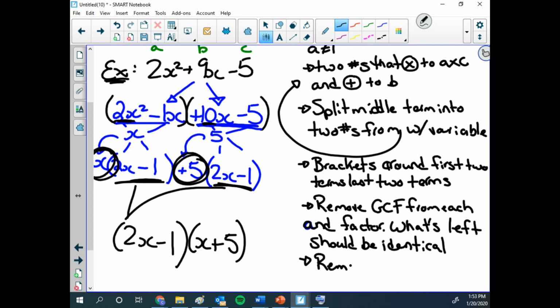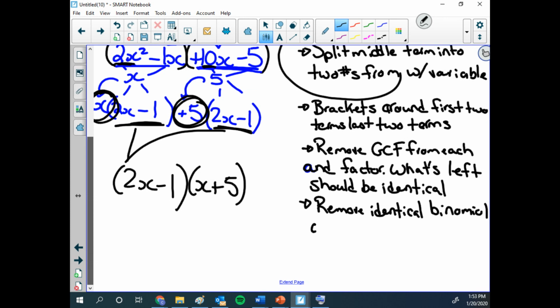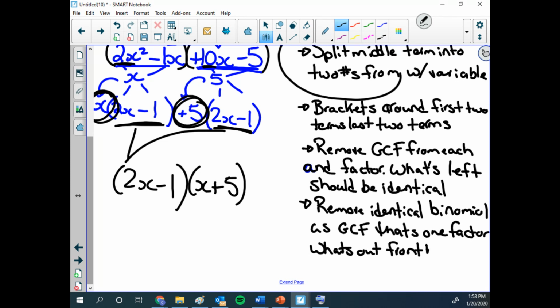So remove the identical binomial as a GCF. That's one factor. What's out front becomes the other. And again, those steps are probably a little bit more detailed in the review notes that I gave to you guys. So take a look at that as well.